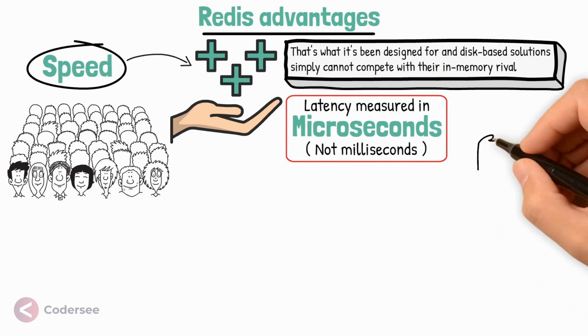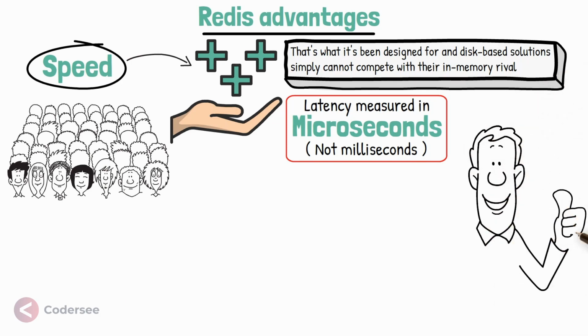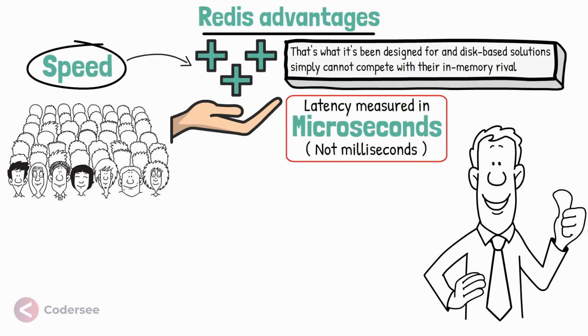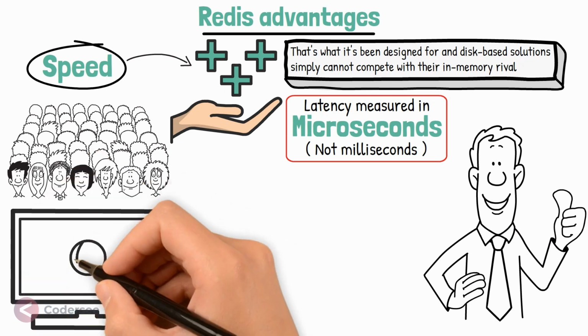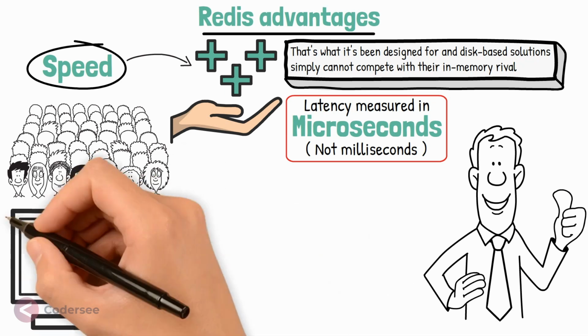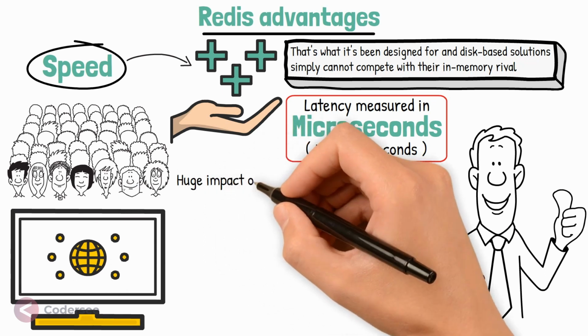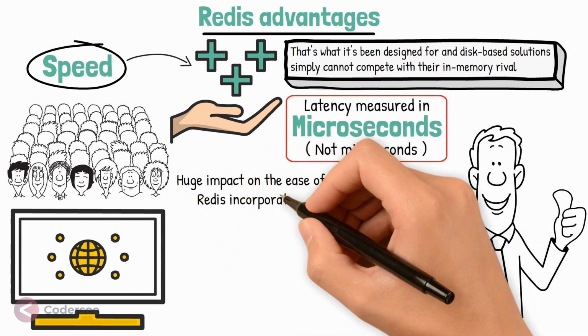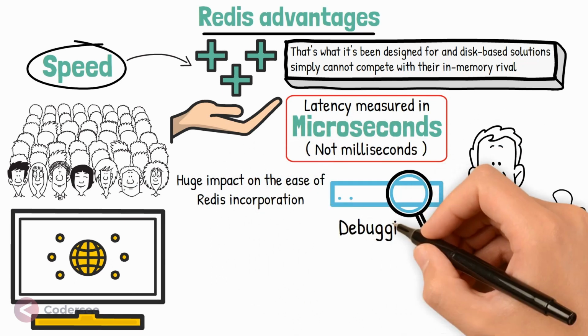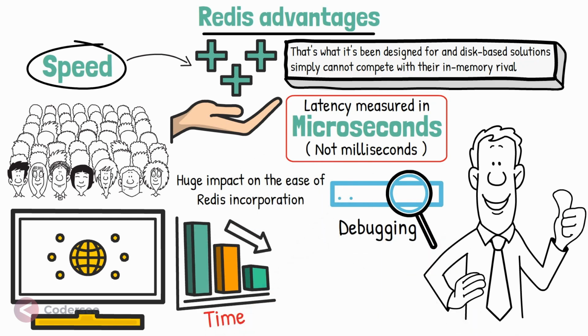Although I will use this argument pretty often in this series, we can never forget about it. A large community with a tremendous amount of materials available online has a huge impact on the ease of Redis incorporation. Time spent on searching and debugging can be significantly reduced.